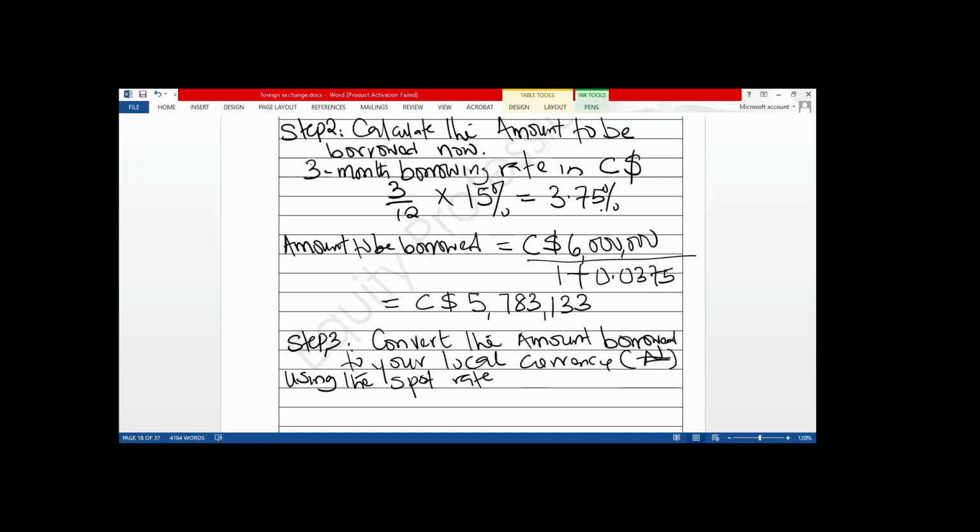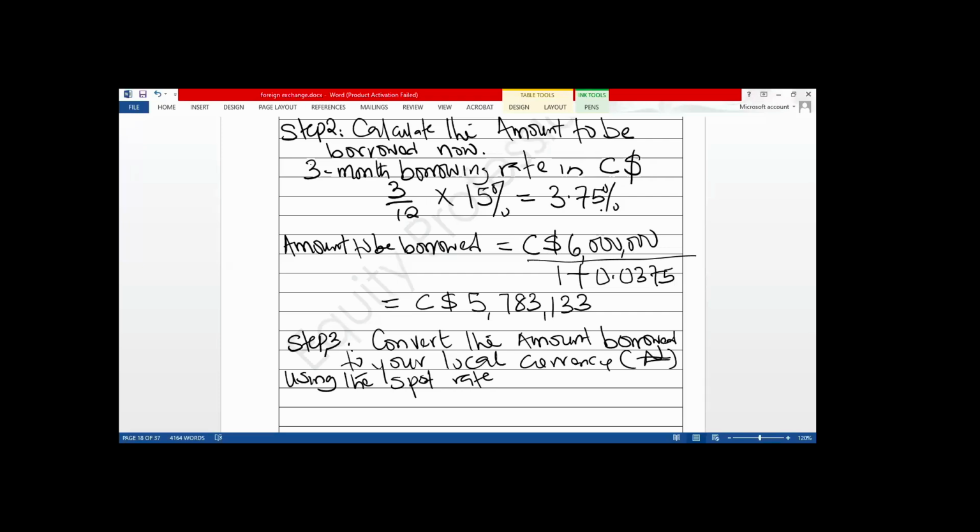Now look at the spot rates. You have the lower rate and you have the higher rate. Which of the rates are you going to use? Assuming we have borrowed the money, that means we have the cash with us. KP has borrowed the money.